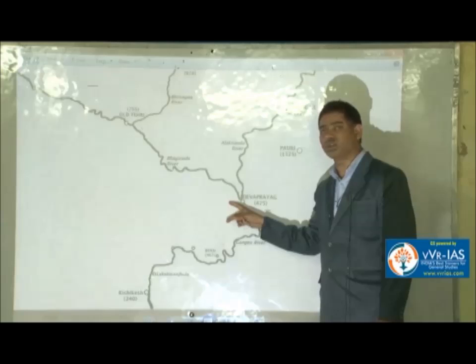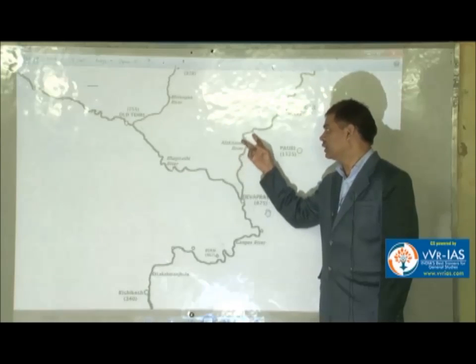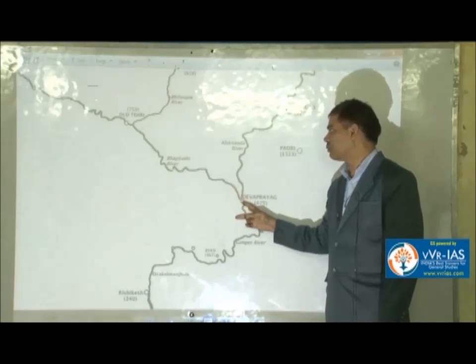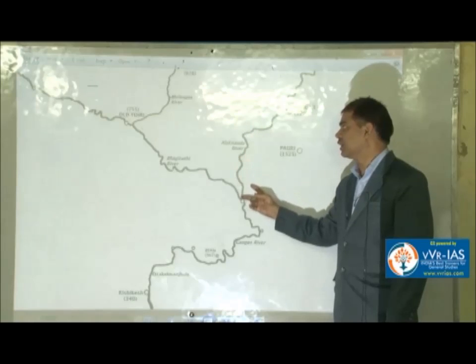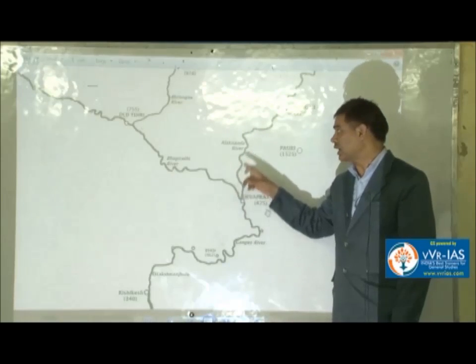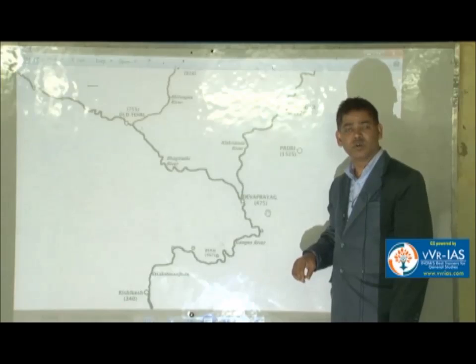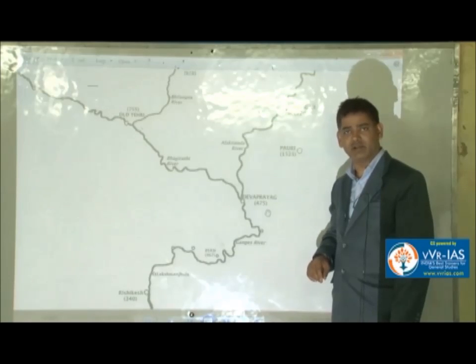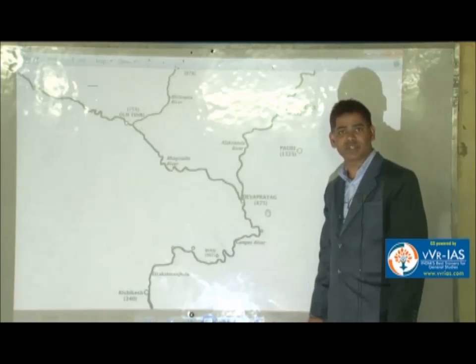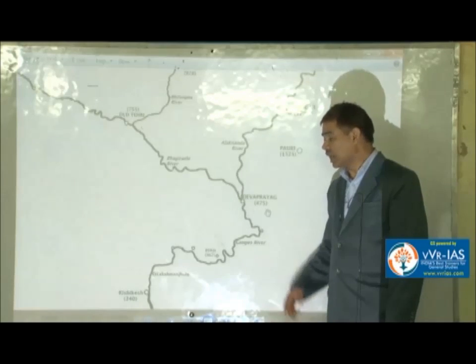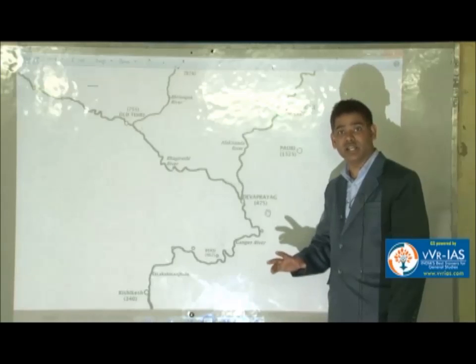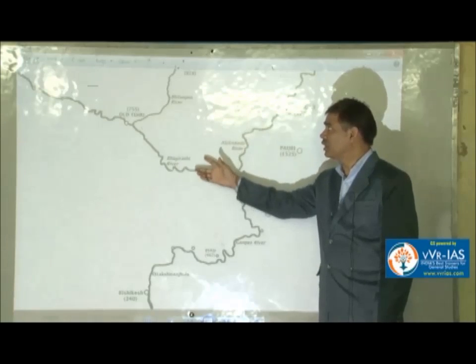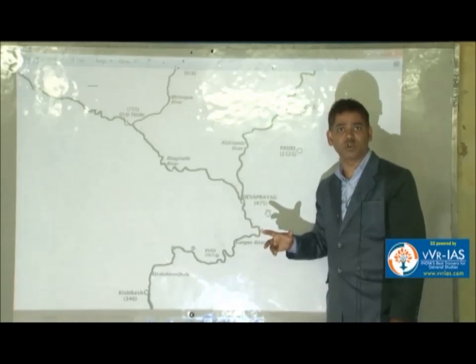Here is the river that is called Alkananda, and here is the river that is called Bhagirathi. Alkananda comes from the border of Tibet and India, in Uttarakhand, and the Bhagirathi comes from Gangotri, and Gangotri is a glacier. Let us go near Gangotri, which is also called Gomukh.